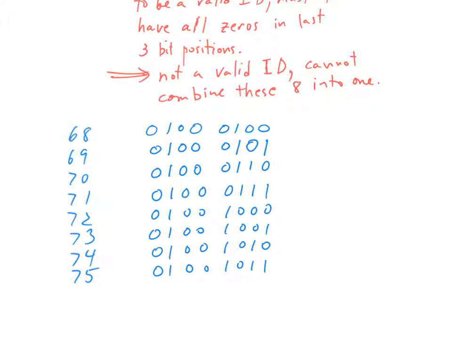And so the question is, if I start at 68, am I counting from 0 to 7 in the last 3 bits there?